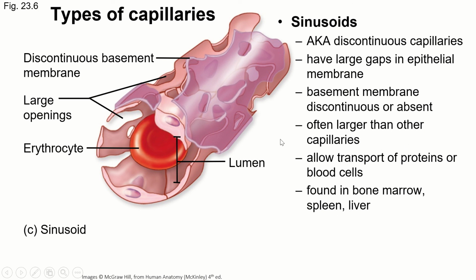The sinusoids themselves are often larger than other capillaries. This is going to allow for big proteins to very easily get in and out, but also allow red blood cells to flow out of these capillaries, which is why we see these in the bone marrow, where we need blood cells to flow into the capillaries, in the spleen and the liver, both of which you remember from the blood lecture.